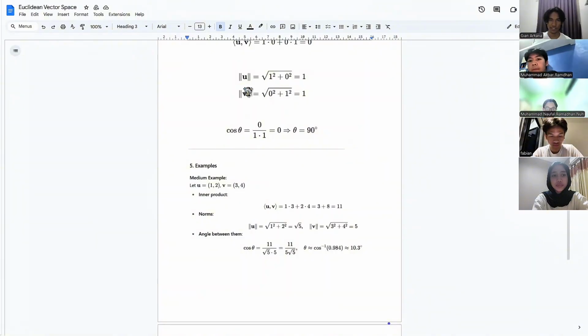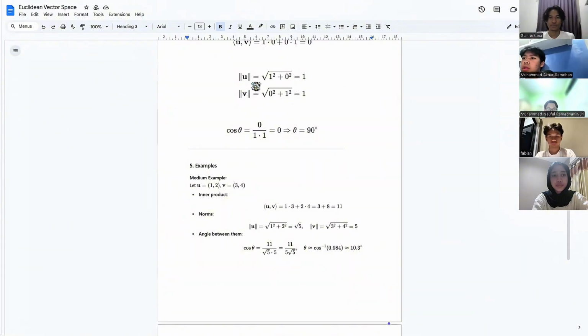To find the length of the vector, the length of the vector is the square root of all of the members squared and added.